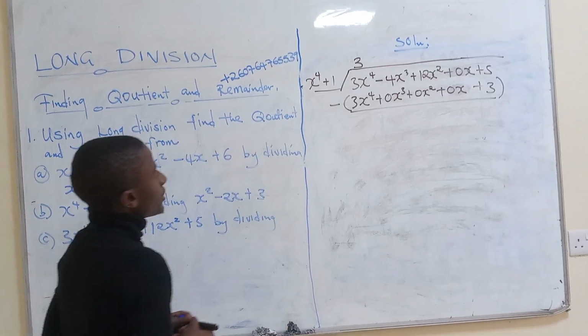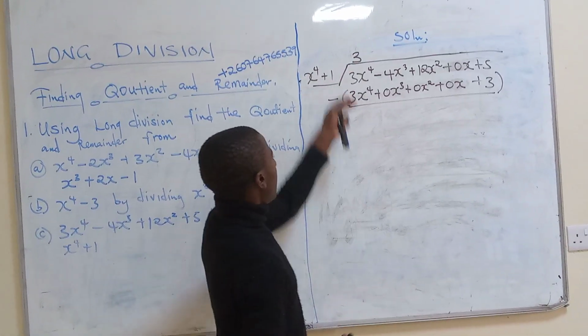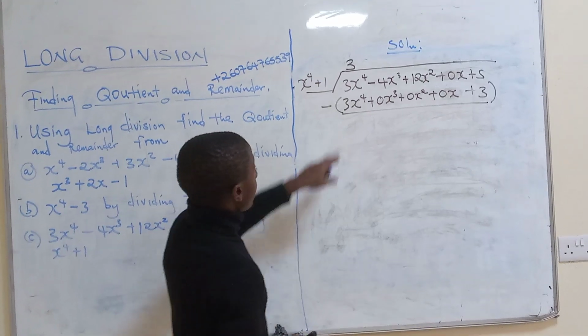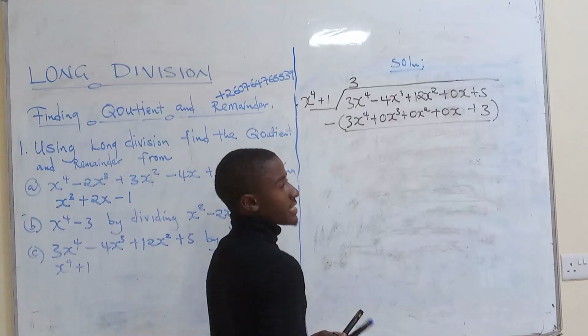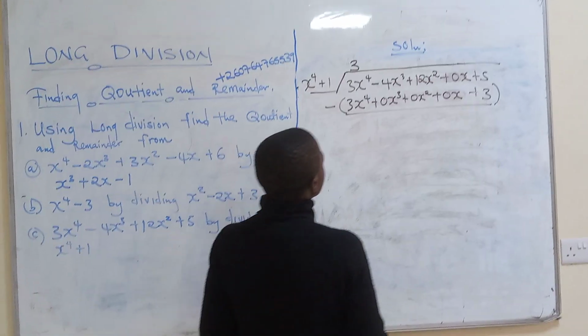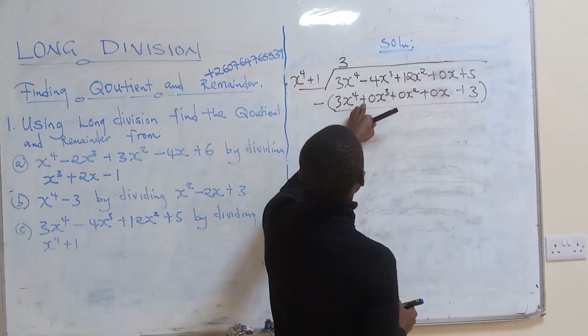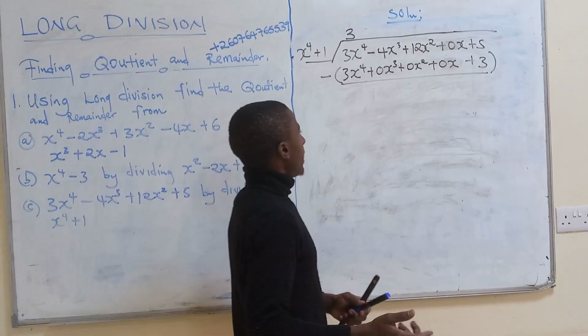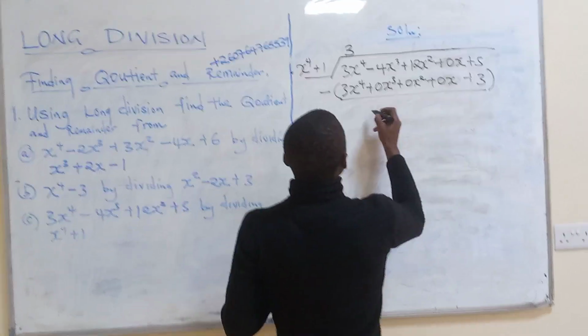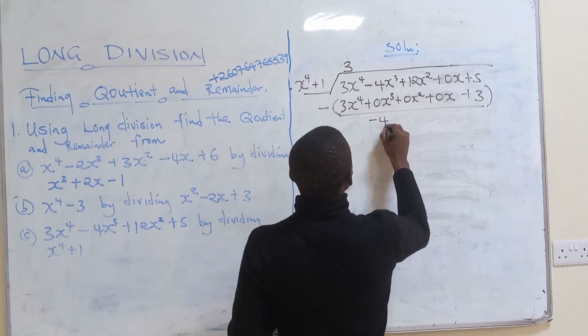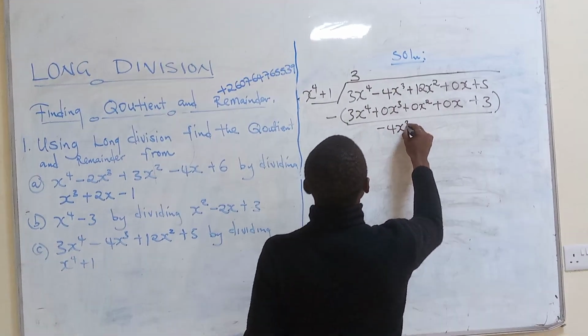From there, what I'm going to do is to now add the values. If I add this part, I'm going to get a 0. In that case, I'm not going to show it. Negative times positive, which is a negative, so I'm going to obtain negative 4x to the power 3.